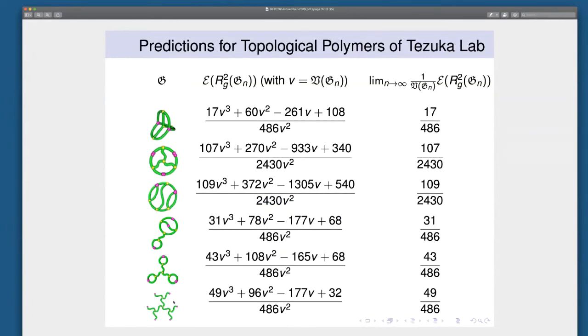So this is most like a random walk. This turns out to be the most compact one. Things are bonded in as many ways as possible. And these guys, our prediction is, should be in this order. And in fact, their relative sizes would be predicted by the ratios of this number.